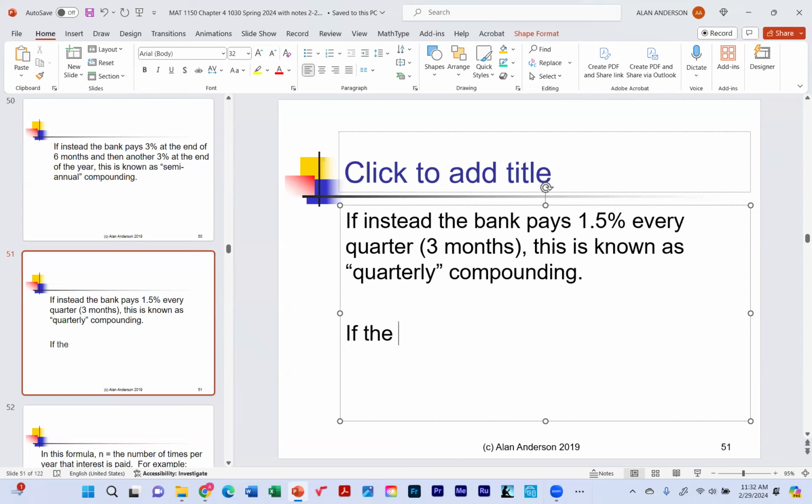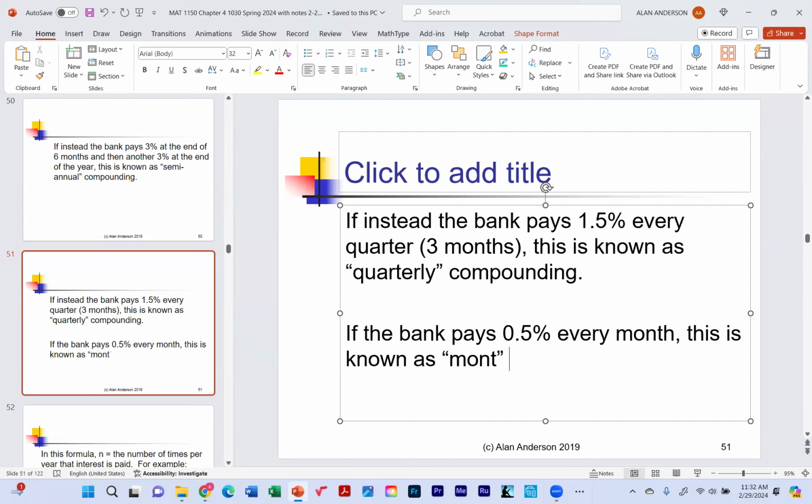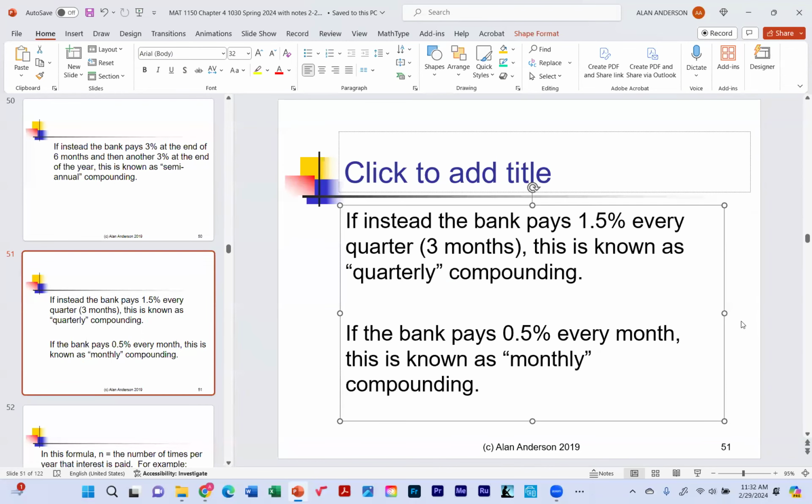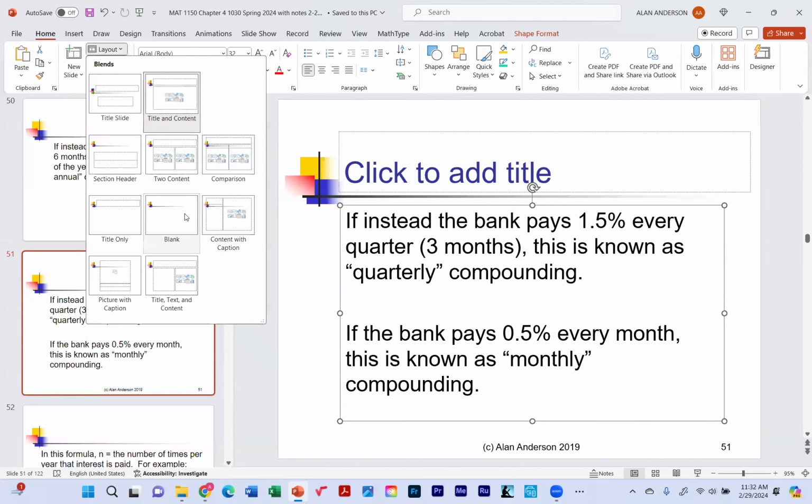If the bank pays 0.5% every month, which still adds up to 6%, by the way, this is known as monthly compounding. So it's still 6%, they're just distributing it differently.